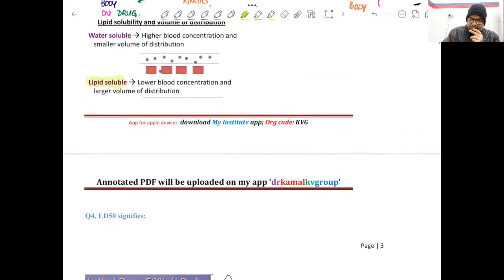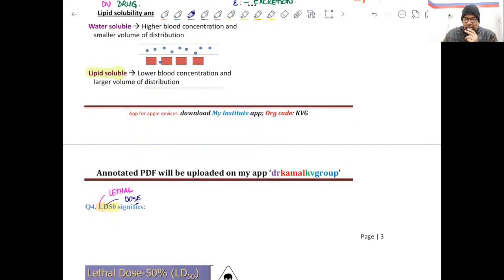Then moving forward to LD50. LD50. Now L means lethal and D is dose, and the word 50 actually tells us, out of the experimented animals, what dose will kill 50% of experiment animals, right? So that is lethal dose.